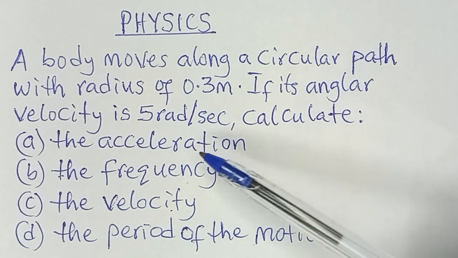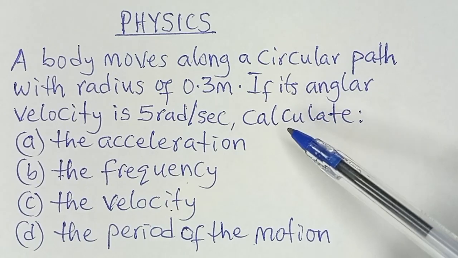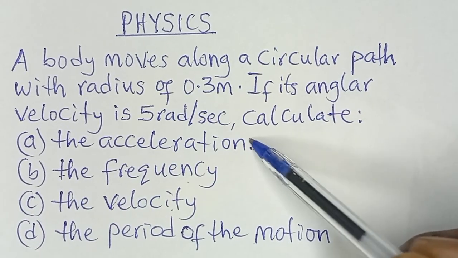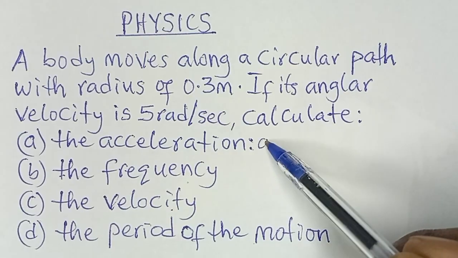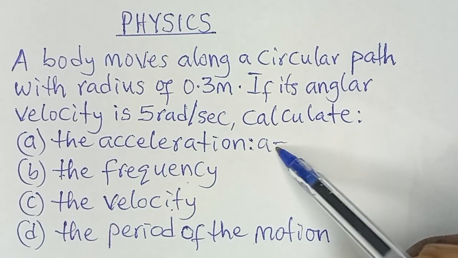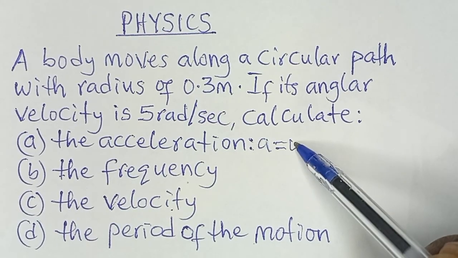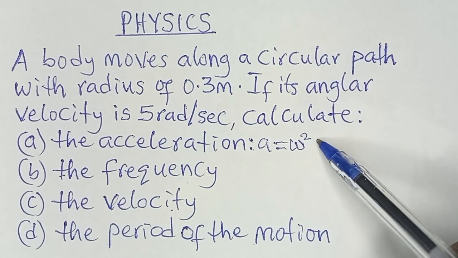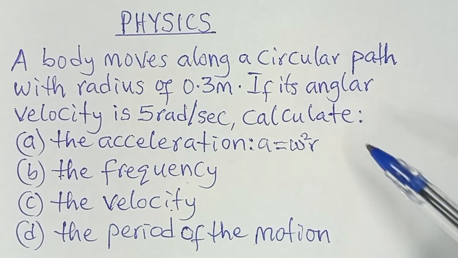The formula for acceleration of a body in circular motion is A, that is the acceleration, is equal to the square of the angular velocity multiplied by the radius.